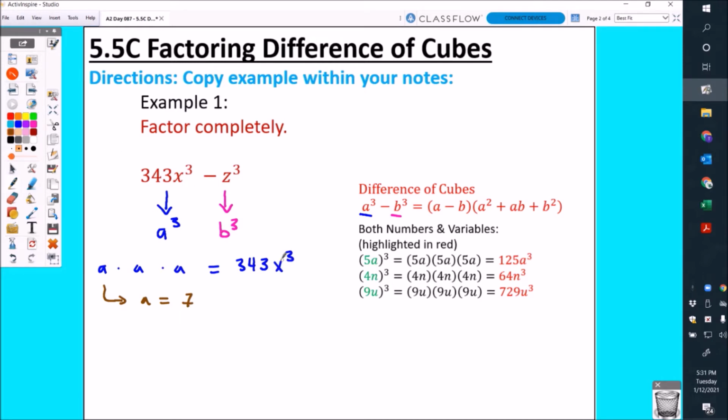And then for x, when it's x to the third and you're trying to find the value of a, when you do the cube root of x to the third, then it will simply be x. So my a value will be 7x. Now for the b value, we have to think what times itself 3 times will equal z to the third.